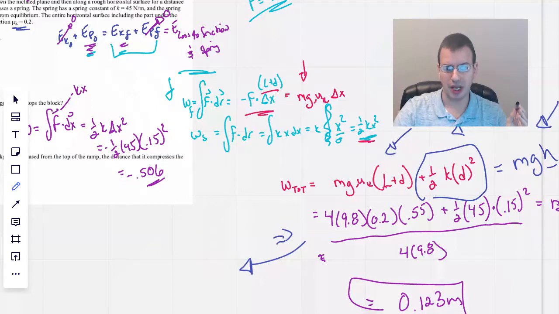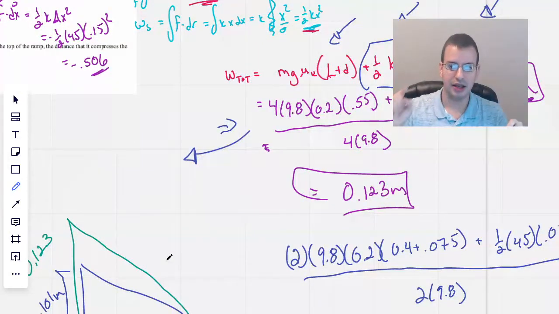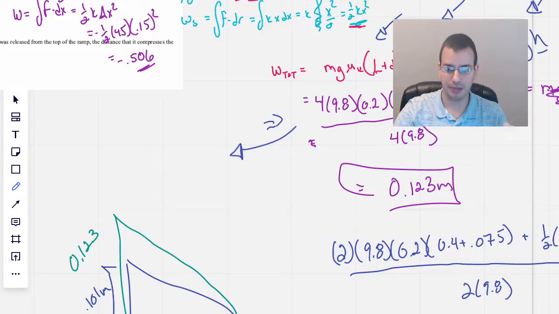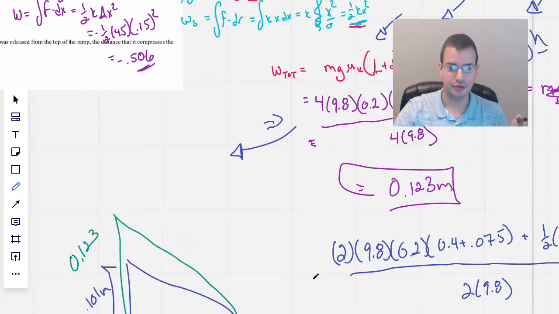And so what I did was I plugged in the number 0.075, and I figured out, okay, instead of finding out how far the spring is compressed, how high of a ramp would we need to compress it this much? And we found out that we'd need a ramp that's 0.101 meters.